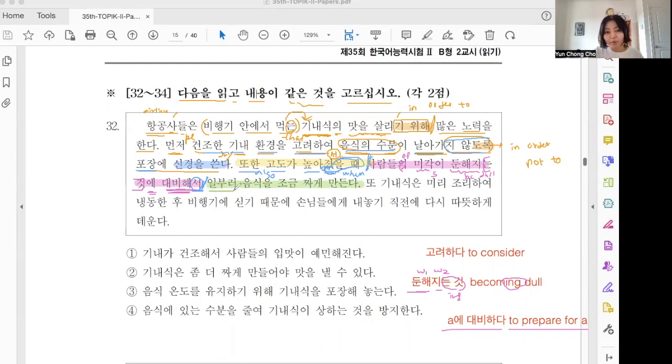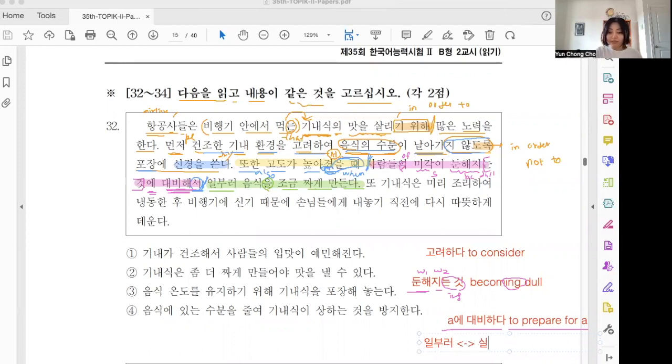일부러 on purpose 음식을 조금 짜게 만든다. Make it salty a little bit. What information is the direct object marker 을? So 음식을. 일부러, this is also a frequently used word. 일부러, on purpose.